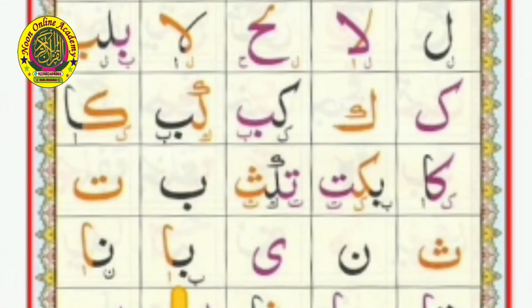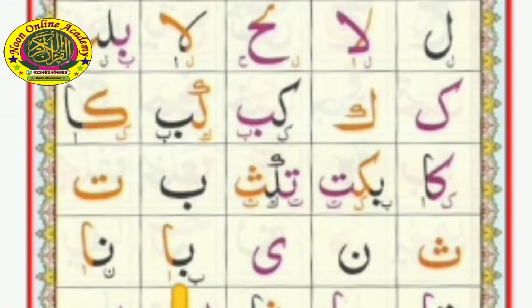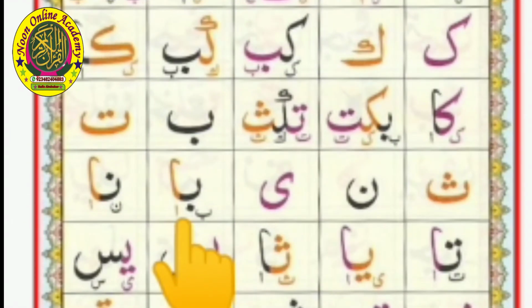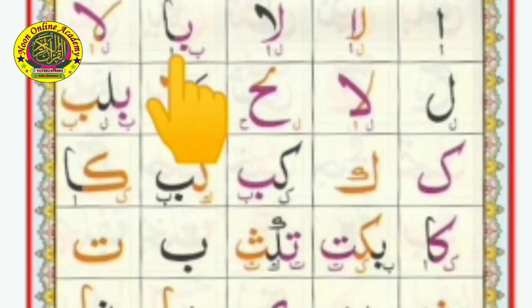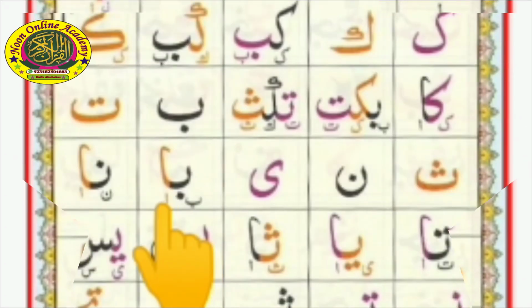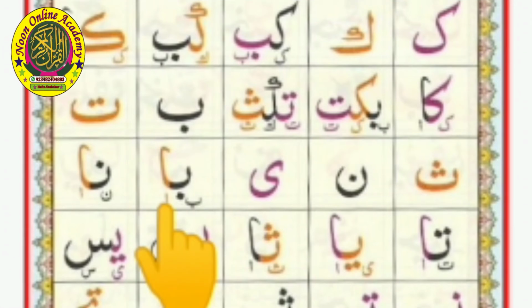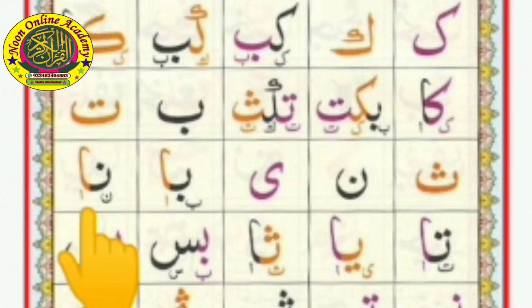Ba, alif, ba, alif. Before ba. This one also ba, alif. Next one noon, alif.